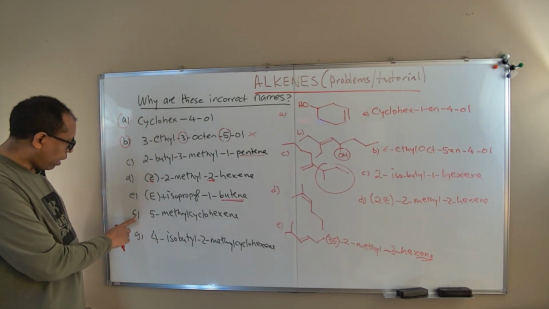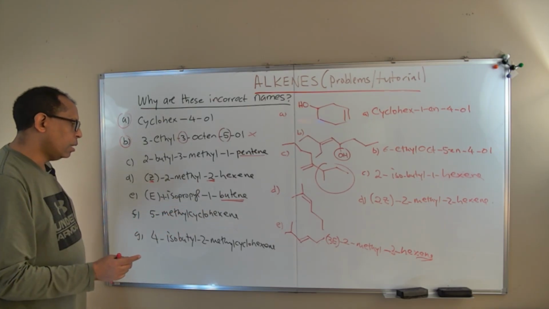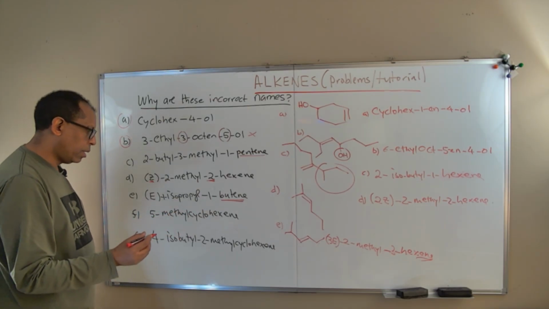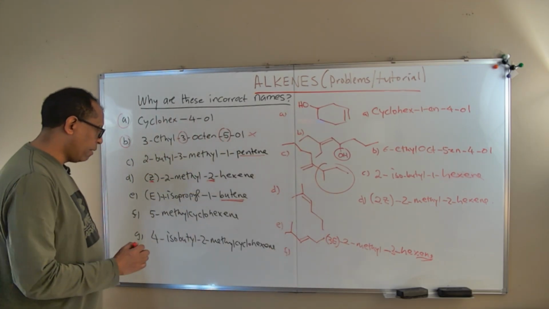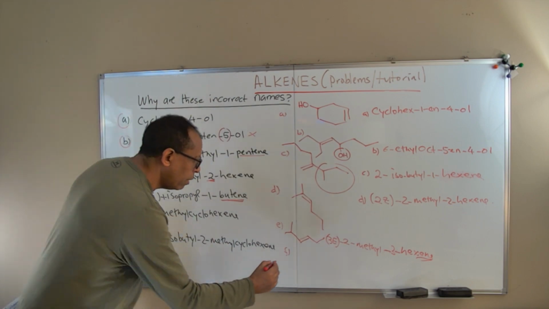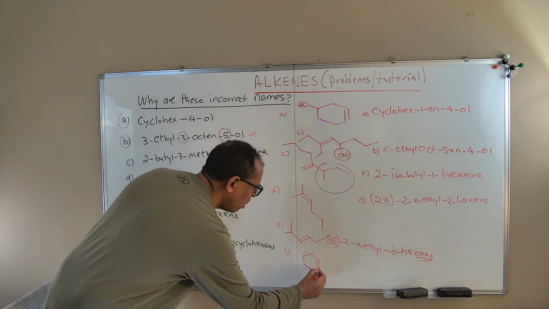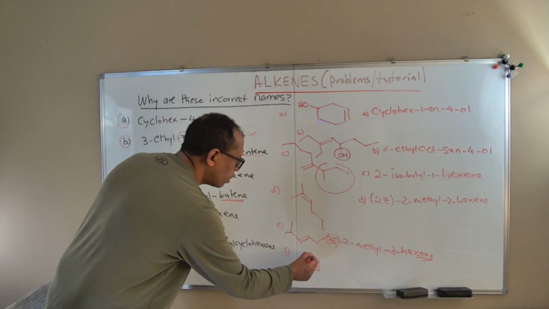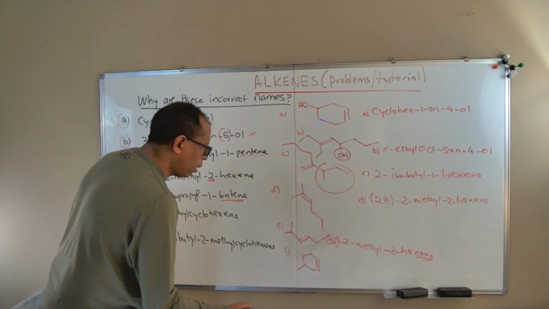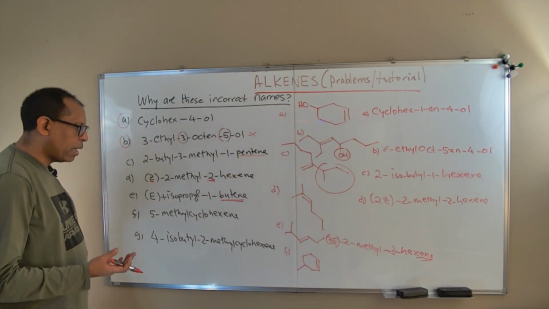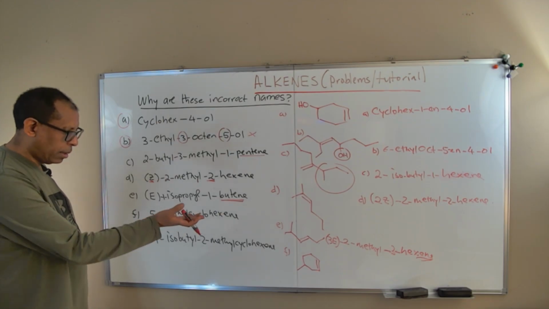How about for F? If you have 5-methyl cyclohexene, what does that mean? That's for F, 5-methyl cyclohexene. 5-methyl cyclohexene is something like this: 1, 2, 3, 4, 5. This is what they want to say, but that's not how you should write the structure.